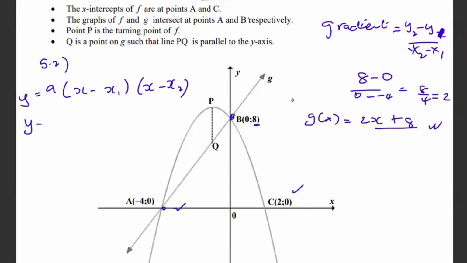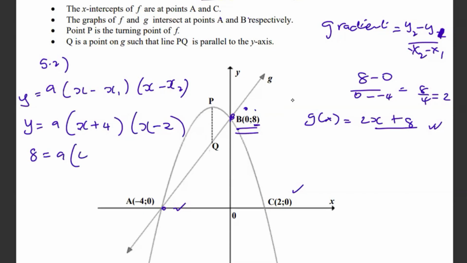Meaning that y is a into x minus minus 4, which is x plus 4, into x minus 2. Okay, then let's use this point, when x is 0 and y is 8. 8 equals a times 4 times negative 2, which means our a is negative 1.